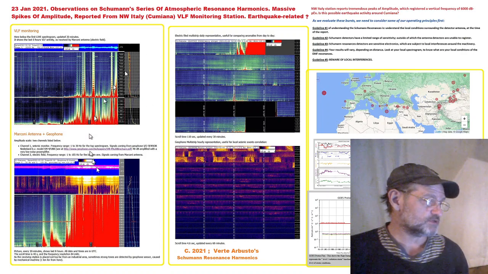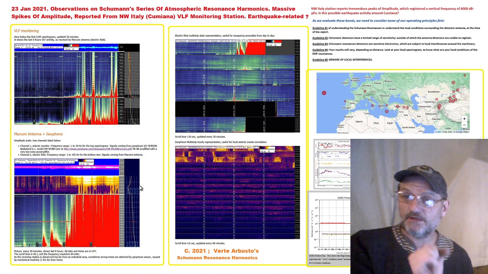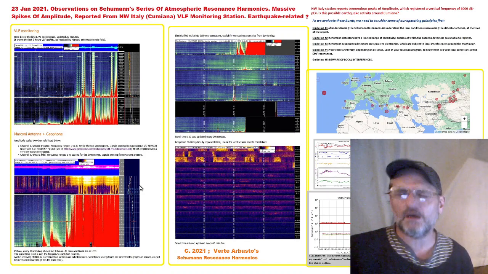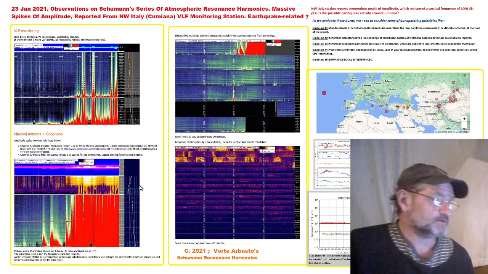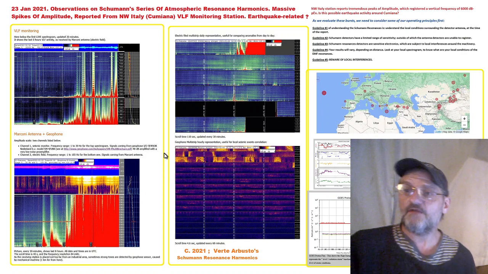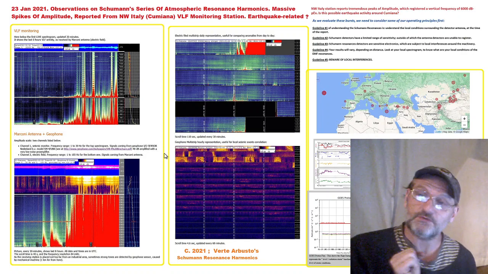I'm showing you all of this together, coming from the same place, the VLF station, the Cumiana station in northwestern Italy. They're the ones giving us this data, and this is what they do.